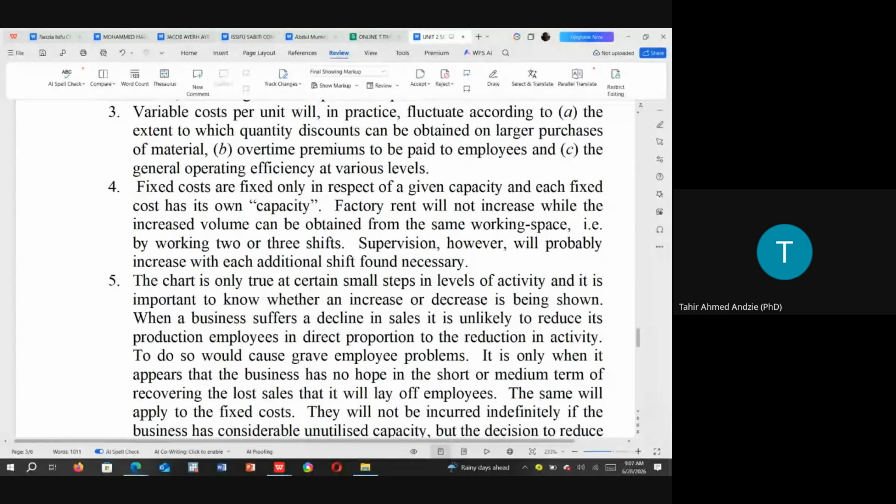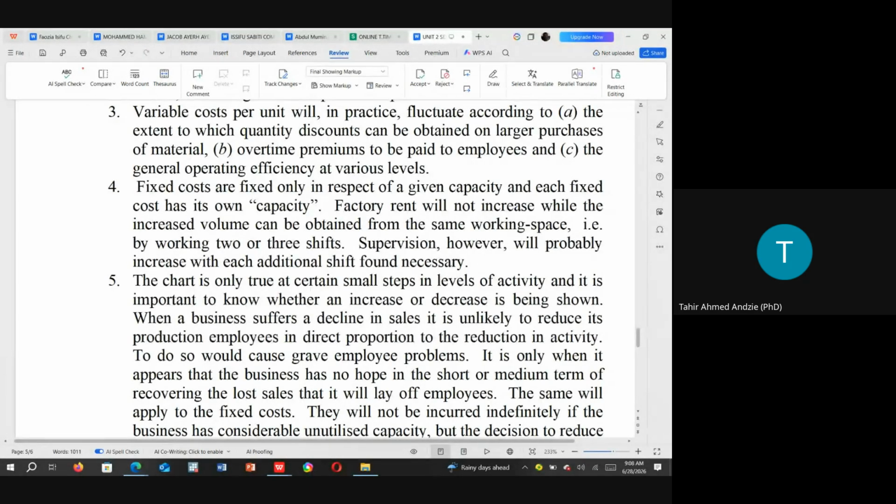However, when productivity increases, even if the rent is not going to increase, supervision will increase, because you will increase the number of supervisors, and supervision is also a fixed cost. So fixed costs can accommodate a certain capacity, but beyond that capacity, fixed costs will also change. So it's not always true that fixed costs will remain constant, irrespective of activity level.